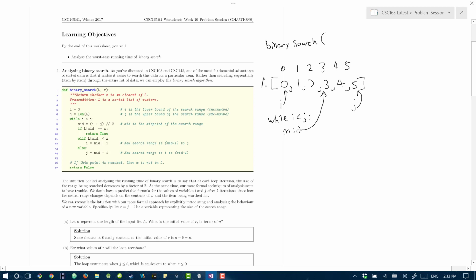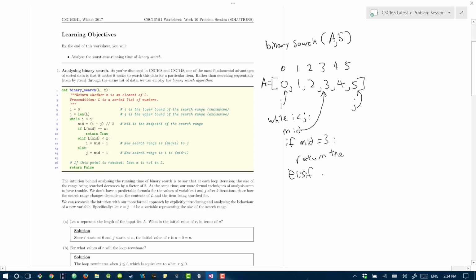Let's call this list A, and say what we're looking for is 3. Then the first if condition is if the mid equals 3, return true. So in this case, we know it happens. Now let's say that we're looking for 5 instead, so that we can see what other conditions happen.